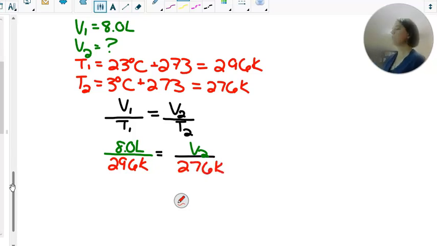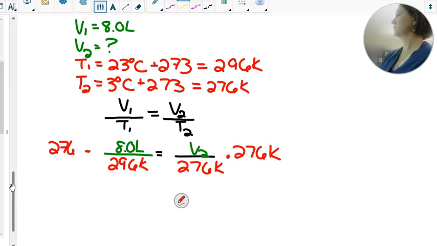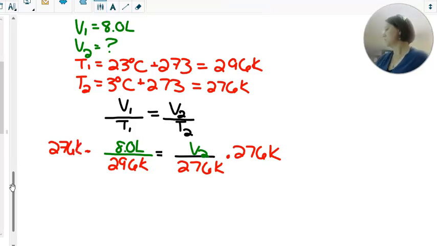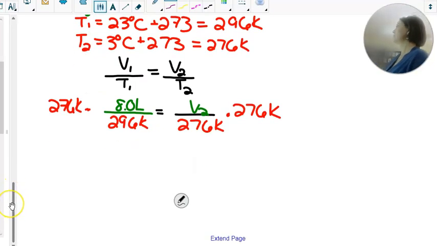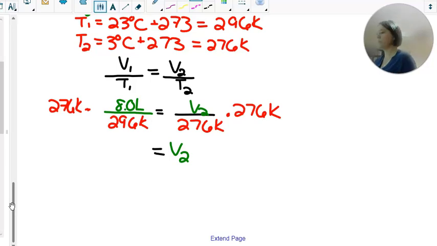Well, we're trying to solve for V2 in this scenario, so we're going to times 276 Kelvin on each side. So then we're going to simplify on the left. And on the right, that's easy, they cancel out, we're just left with our variable.